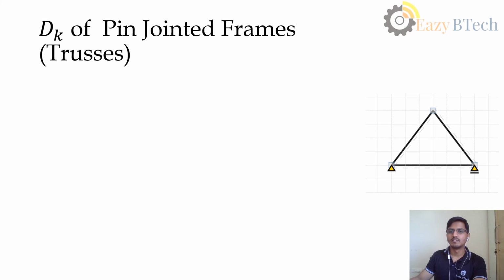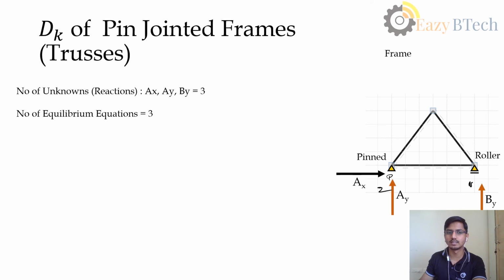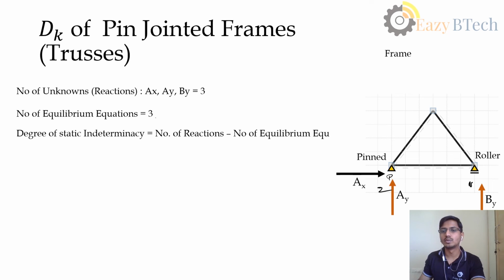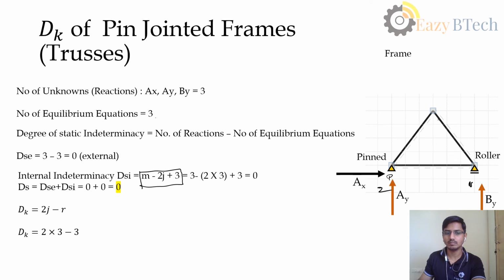Let us see the truss. This is a statically determinate truss. We have seen this: this is the pinned end, this is the roller. Here we get 2 reactions, here we get 1 reaction. The number of equations is 3, so the degree of static indeterminacy is 0. Here also, similar to the frame, we need to take internal indeterminacy, and it is given by m minus 2j plus r.